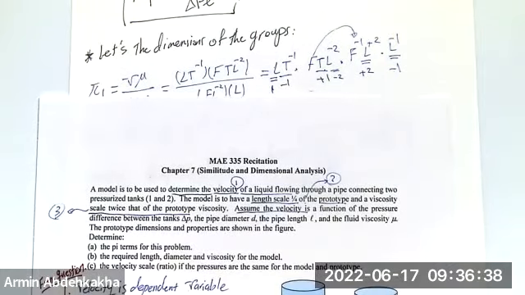The second part asks for the required length, diameter, and viscosity. We are talking about the prototype, not the real one, because the real one you can see and measure. But what is the required length when you are going to mimic the situation and check the results?